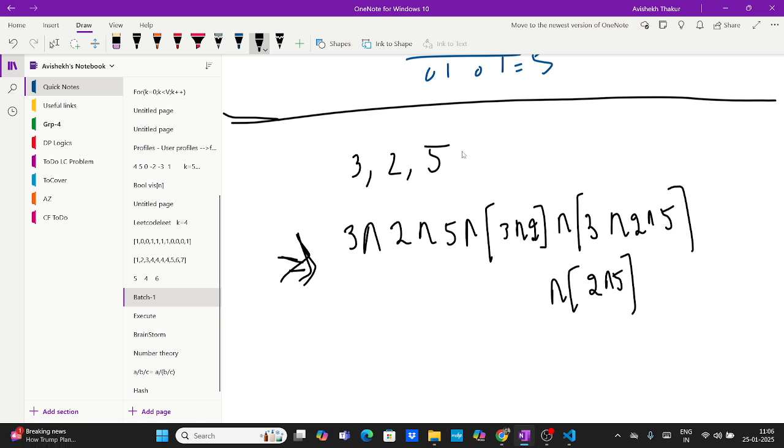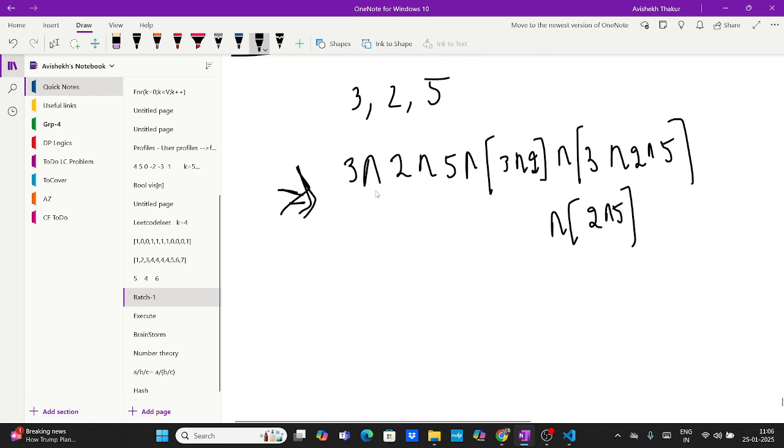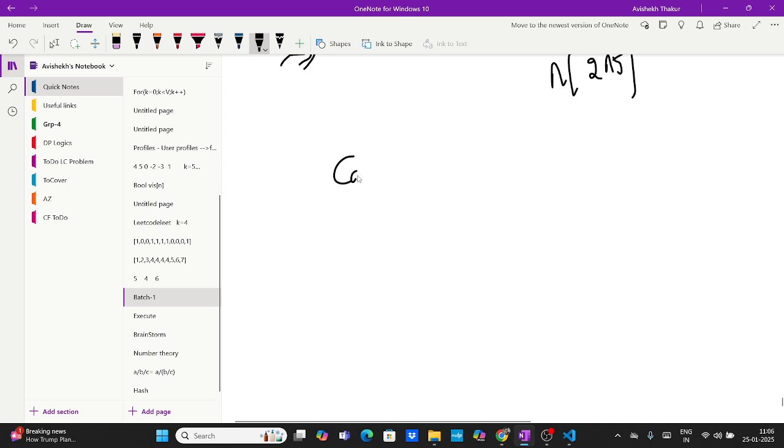Now, if you see this expression, it is nothing but XOR of everything, right? Now here comes something called contribution, the contribution idea from each number.